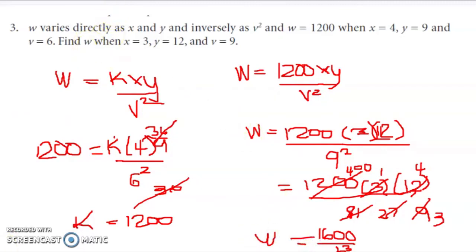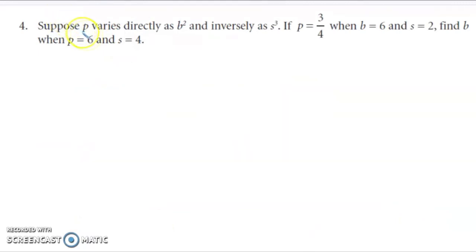Okay. Last example. Suppose P varies directly as B squared and inversely as S cubed. So let me write the equation. So P varies directly as B squared and inversely as S cubed. So P is 3/4 when B is 6 and S is 2.